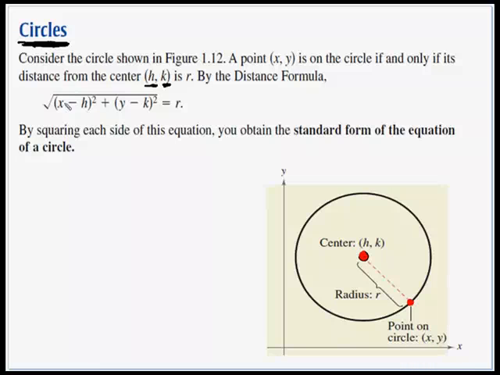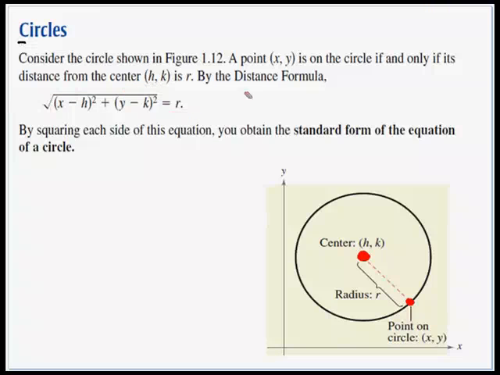We could just use the distance formula from section P7: the square root of the quantity x coordinate minus another x coordinate squared plus y coordinate minus y coordinate squared. That was the distance between the points, and because one point is at the center and the other is on the circle, we can call that distance our radius.